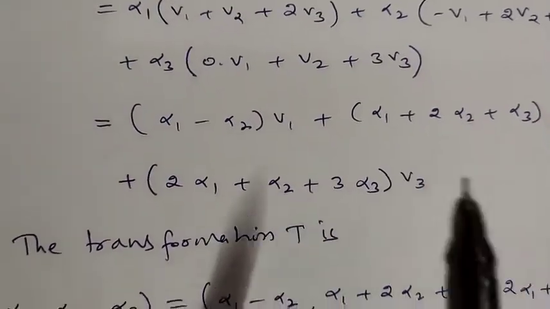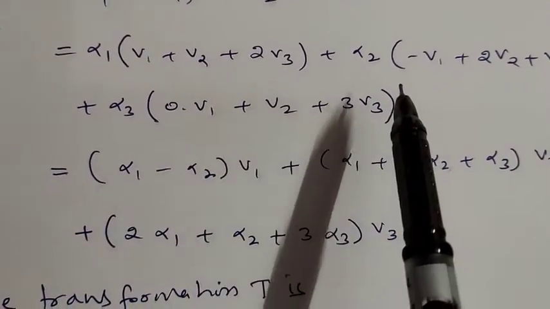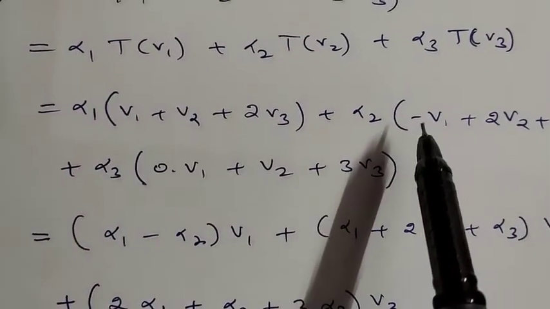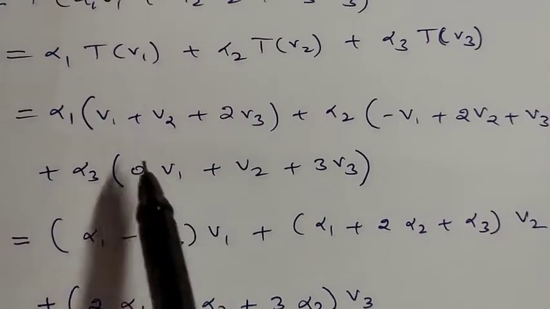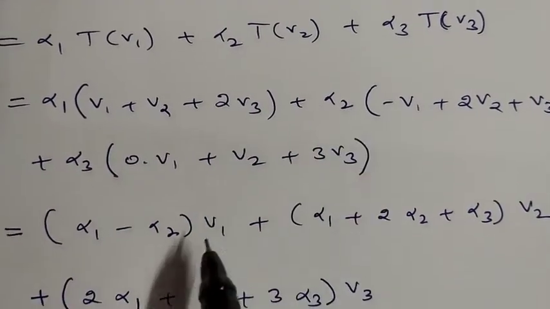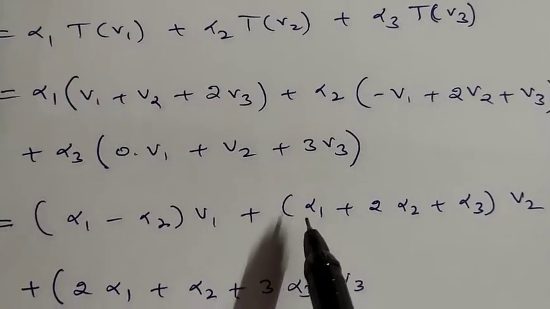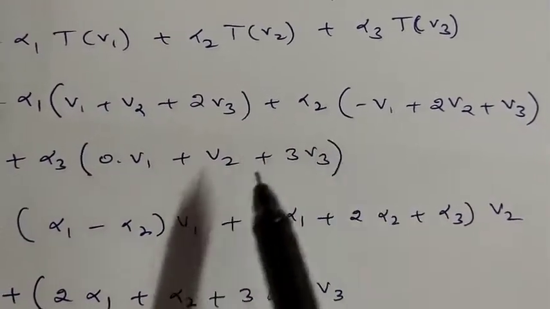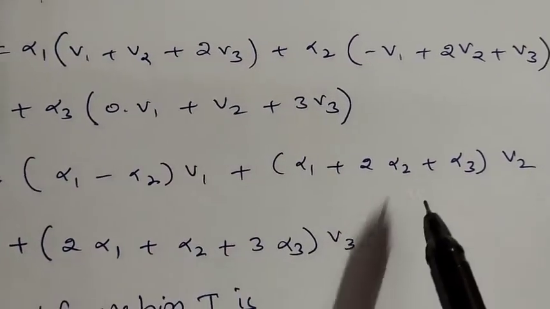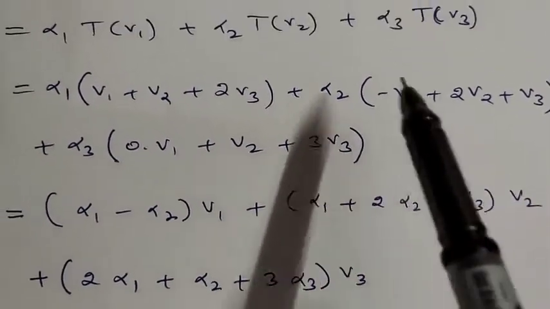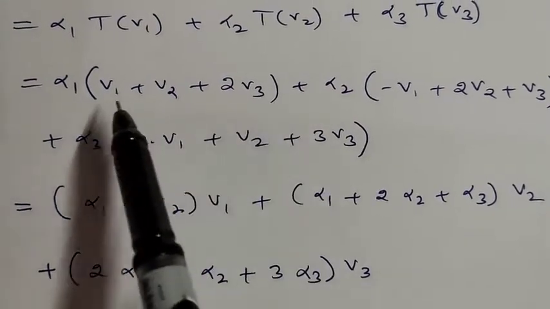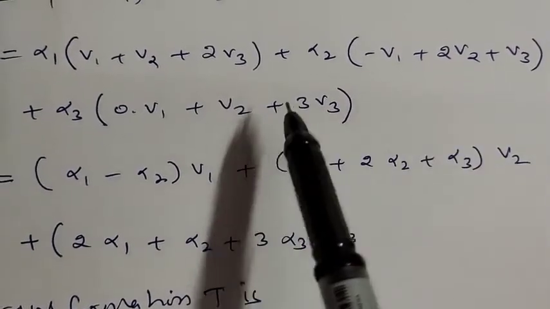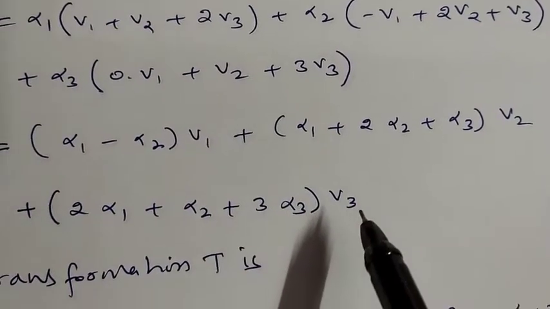Now collect all the coefficients of V1, V2, V3 in this expression. You get alpha 1 minus alpha 2 plus 0 alpha 3 into V1, next the coefficient of V2, alpha 1 plus 2 alpha 2 plus alpha 3 into V2, and next the coefficient of V3, 2 times alpha 1 plus alpha 2 plus 3 times alpha 3 into V3.